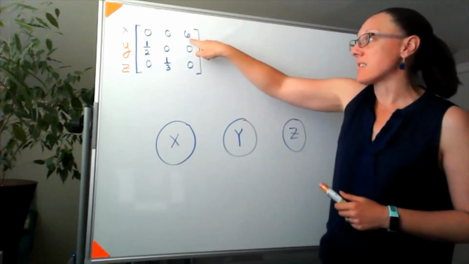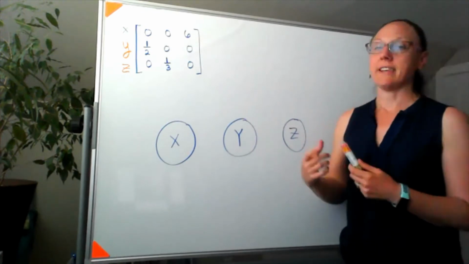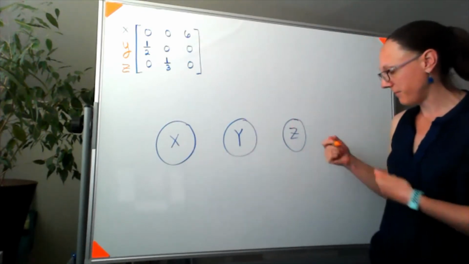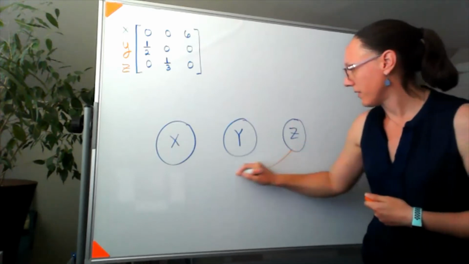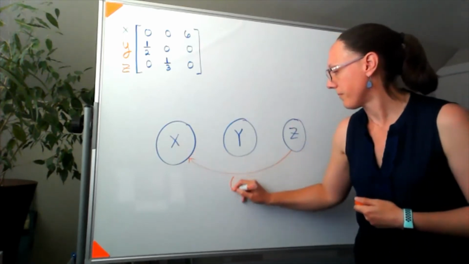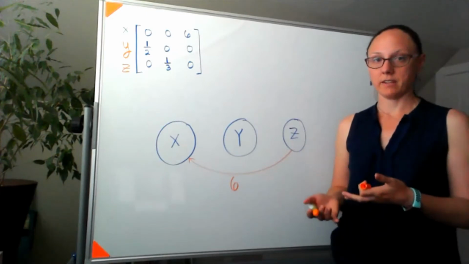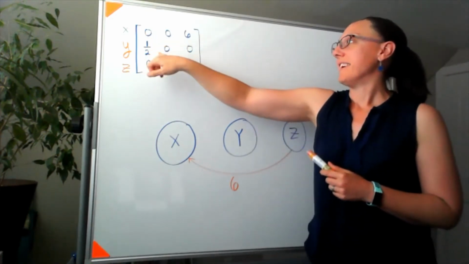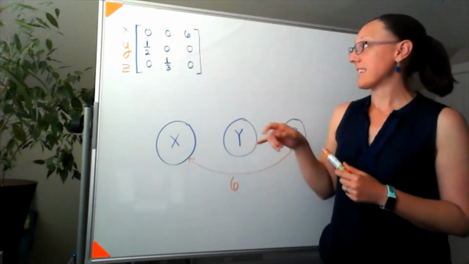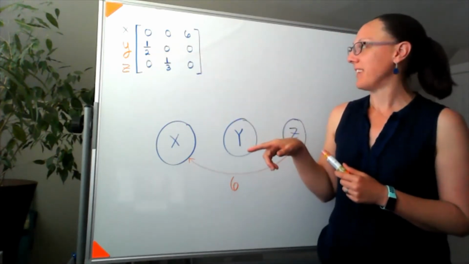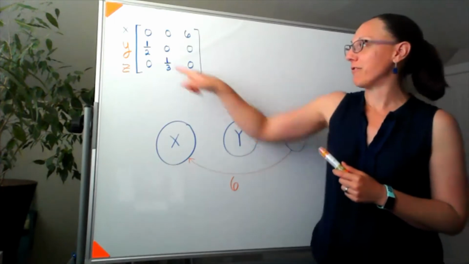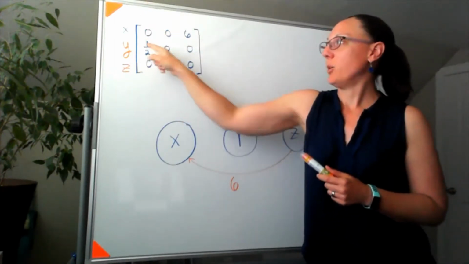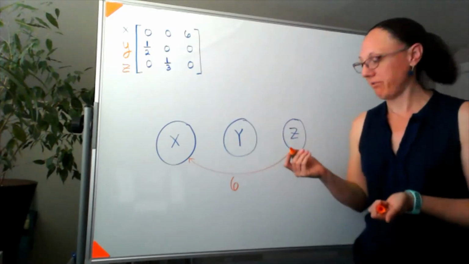So this 6 in the first row tells me that there's a flow from Z into X with a coefficient of 6. In that second row, this tells me that there's a flow into Y from X with a coefficient of 1/2.